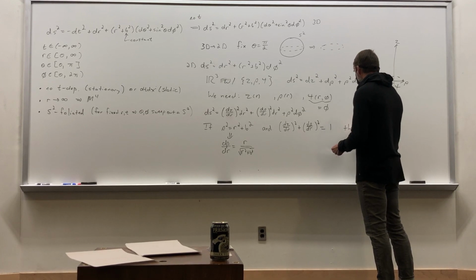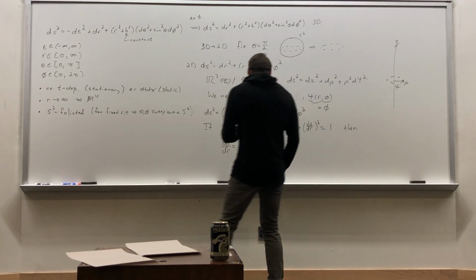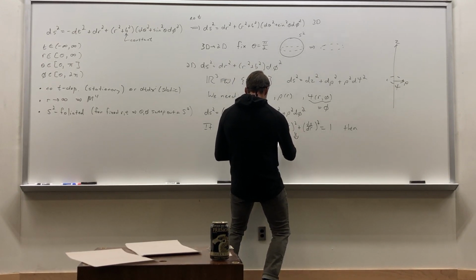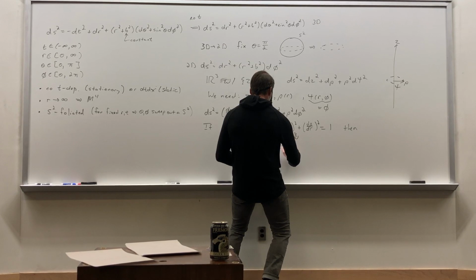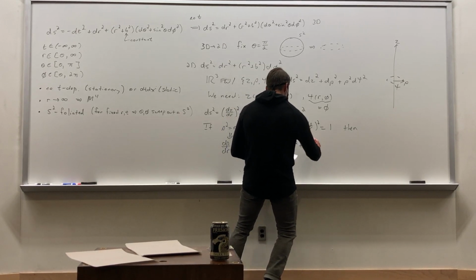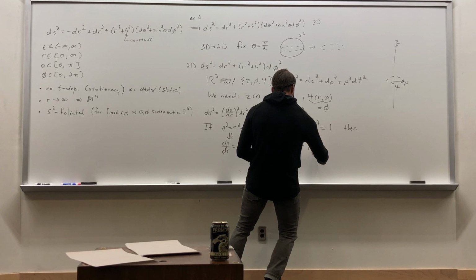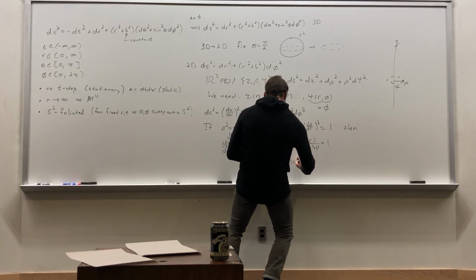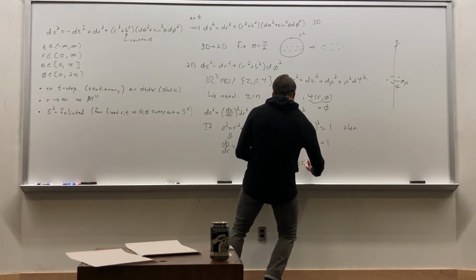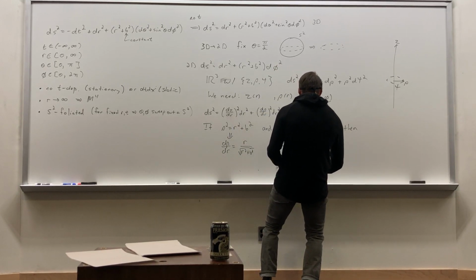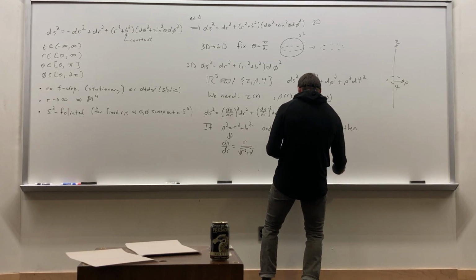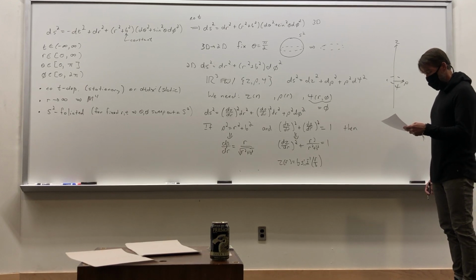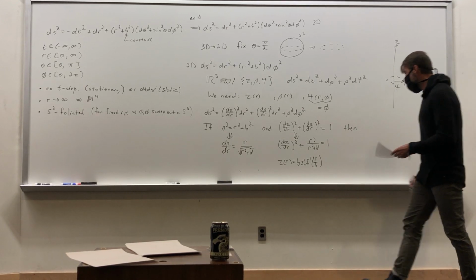Then what we have, and by the way, this is going to tell us that (dz/dr) squared plus r squared over r squared plus b squared equals 1, which tells us that z of r is b times the inverse hyperbolic sine of r over b, having chosen z of 0 to be 0.